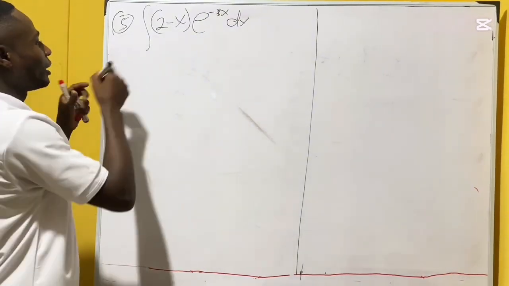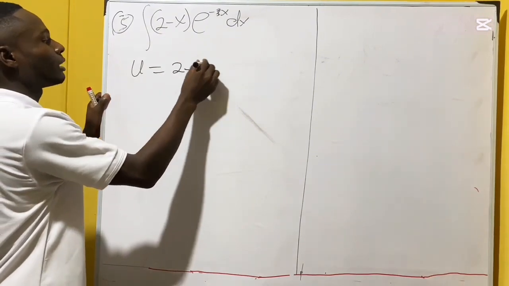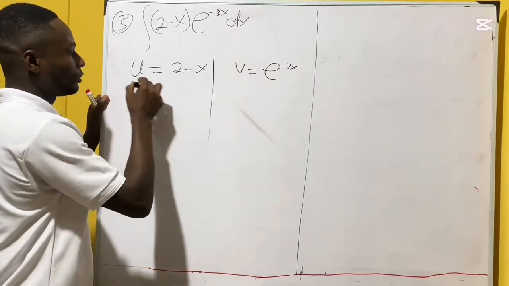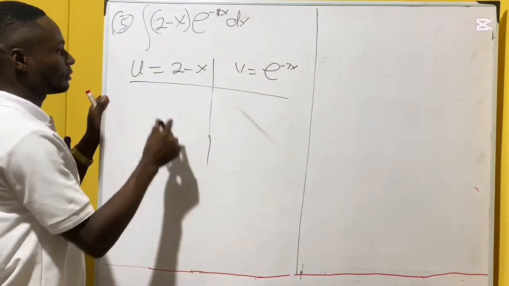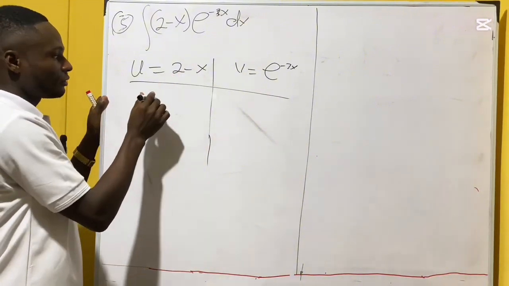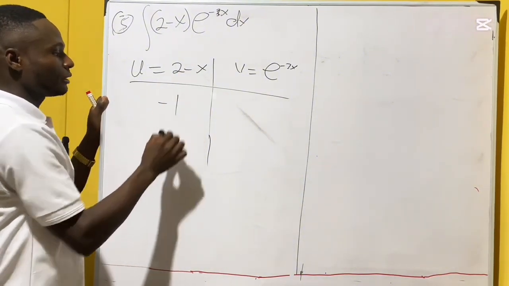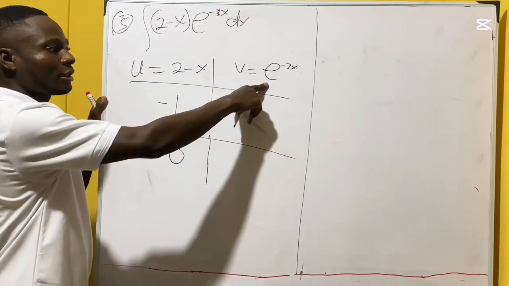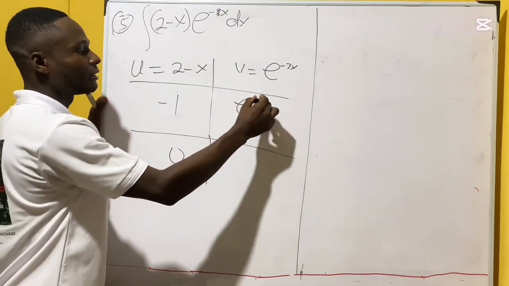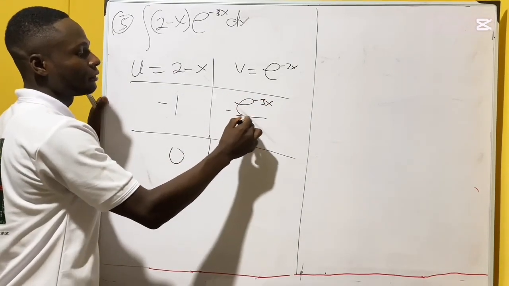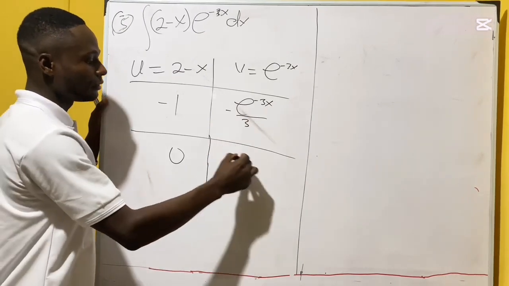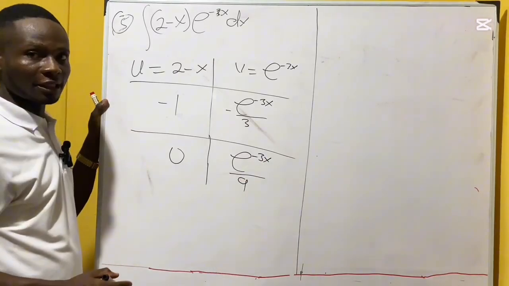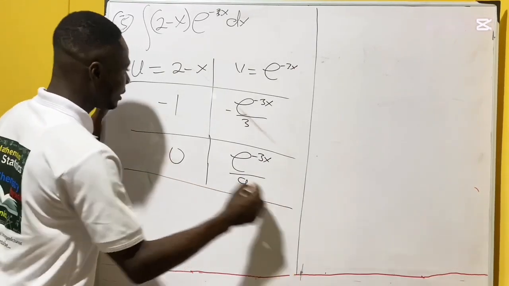Right, so we know that our u will be equal to 2 minus x and our v will be equal to e power negative 3x. So you create your table for it, differentiate this, you have negative 1. You go again, you have 0. Now you come here, integrate, you have e power negative 3x on negative 3. Then you go again, you have negative, of course, you're going to have positive 9, right? Good. So now you are done with this.